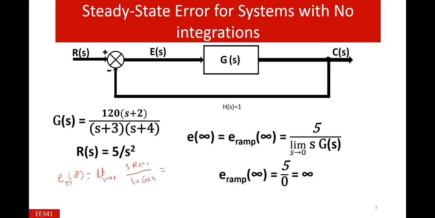In this case, r of s is 5 over s square. One s is cancelled out with this s, and 1 plus g of s. Here we have the limit.